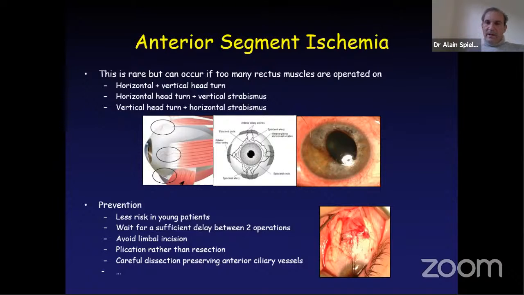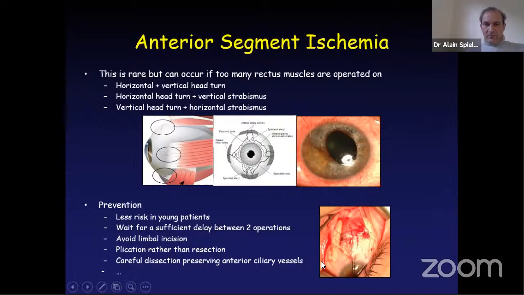I can't find the word, but I think you understand. Collateral vessels to develop. Try to avoid limbal incision, because conjunctival vessels may help for irrigating the anterior segment.